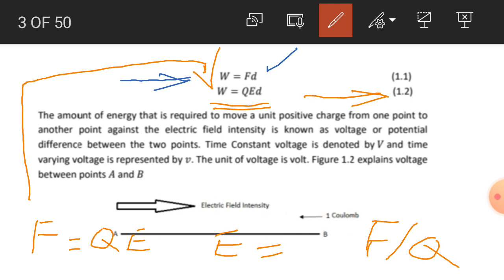So if we know the magnitude of the charge, the electric field intensity in the given region, and the distance between the 2 points, we can calculate the electrical energy with the help of equation number 1.2. This is one way to calculate the electrical energy. I am going to derive another equation for the electrical energy in a while.